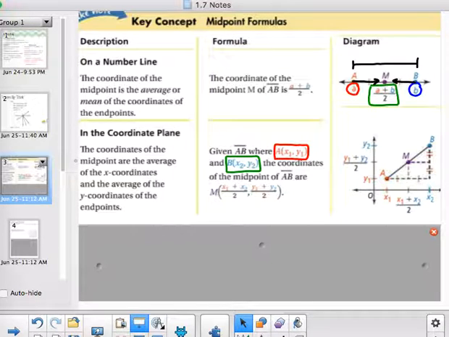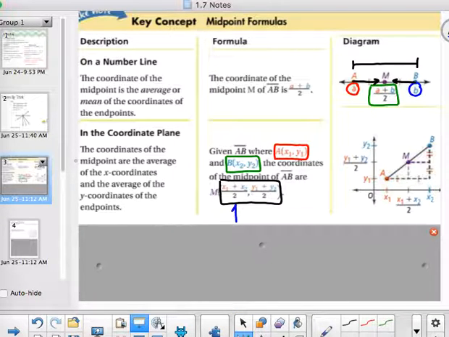If we use those values to find the midpoint of these two coordinates on the coordinate plane, similarly to how I did on the number line, all I need to do is add the corresponding x values, so x1 plus x2, and then cut them in half. That's going to find me the x value of the midpoint. I'm then going to take my y values, add y1 and y2, and again cut them in half. And that'll find me the y coordinate of the midpoint.